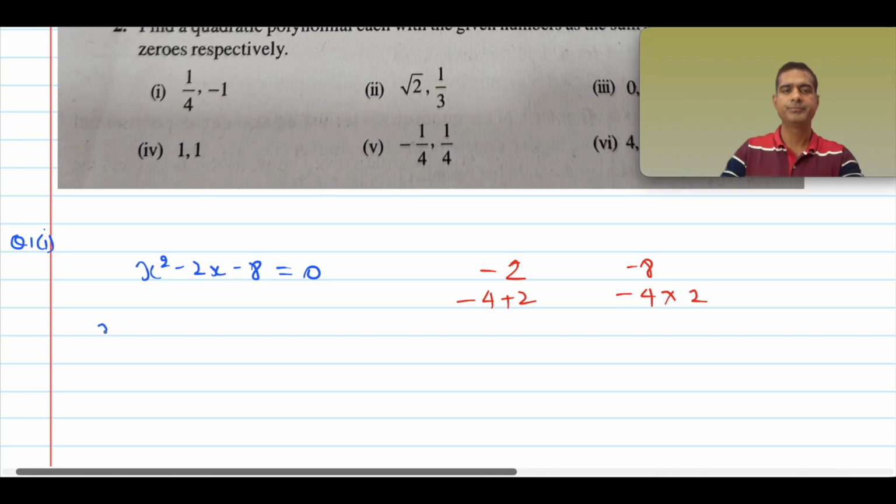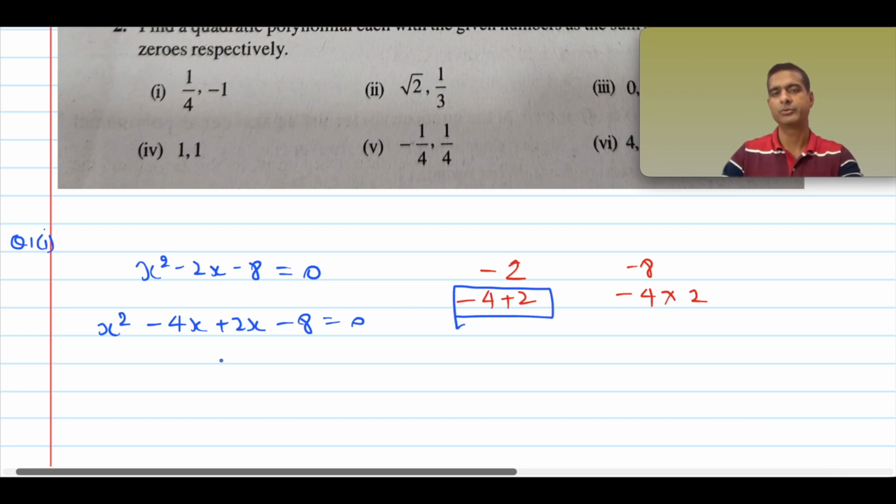So x square minus 2x minus 8 can be written as x square minus 4x plus 2x minus 8 is equal to 0. So we wrote negative 2x as negative 4x plus 2x, which were the numbers which we found with the sum as negative 2.